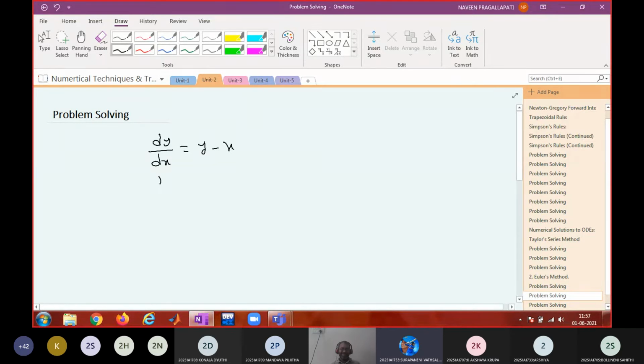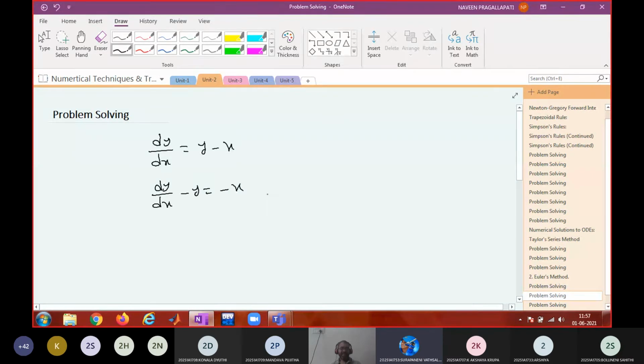We can use the linear differential equation method, sir. We can rewrite it as dy by dx minus y equal to minus x.